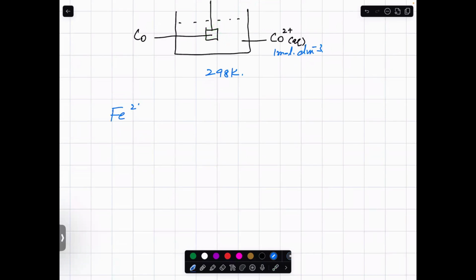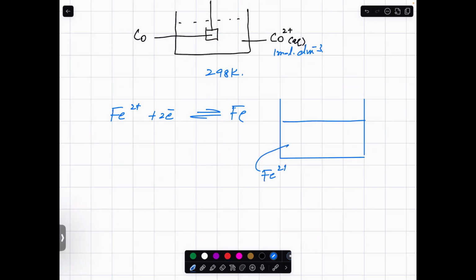Like this is Fe2+ gain 2 electrons, Fe. So this is your container in which there are iron 2 ions, using iron 2 chloride or iron 2 sulfate, 1 mole per dm cube, and the electrode is Fe, and the temperature is 298 Kelvin.